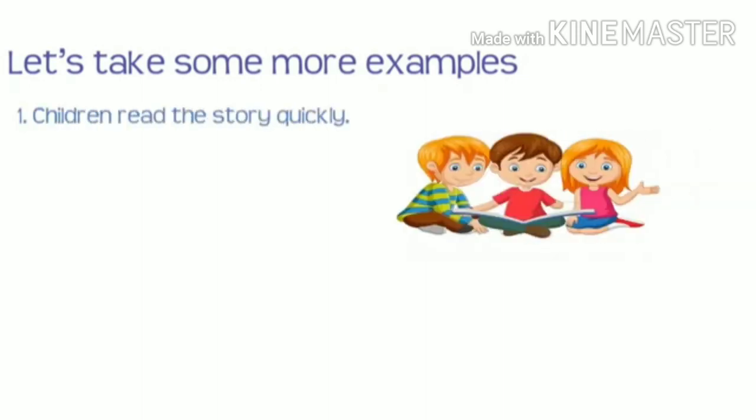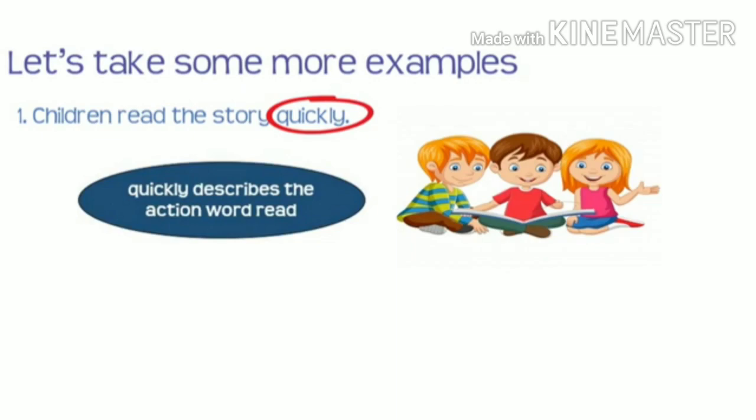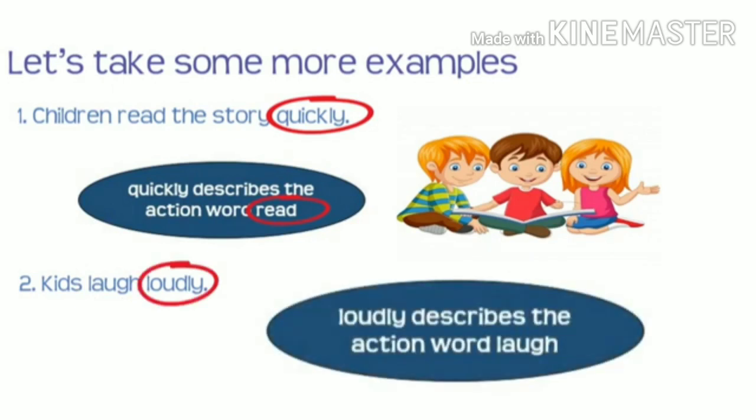Let's take some more examples. Children read the story quickly. Here the word quickly describes the action word read. Kids laugh loudly. Now here, what is the action word? Laugh. And what is the adverb here? Yes, loudly. So here the word loudly describes the action word laugh.